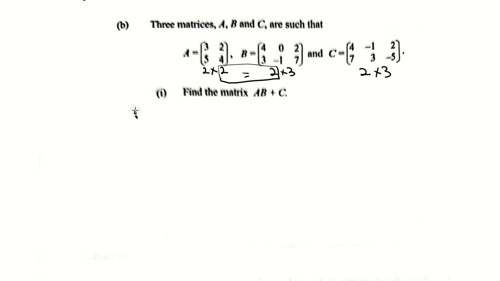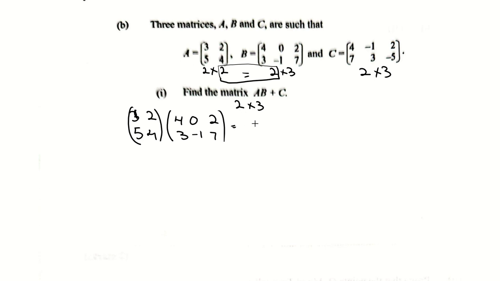So A by B would be 3, 2, 5, 4 by 4, 0, 2, 3, negative 1, 7. Now, my number of rows in my first matrix by number of columns in my second matrix will be my answer.